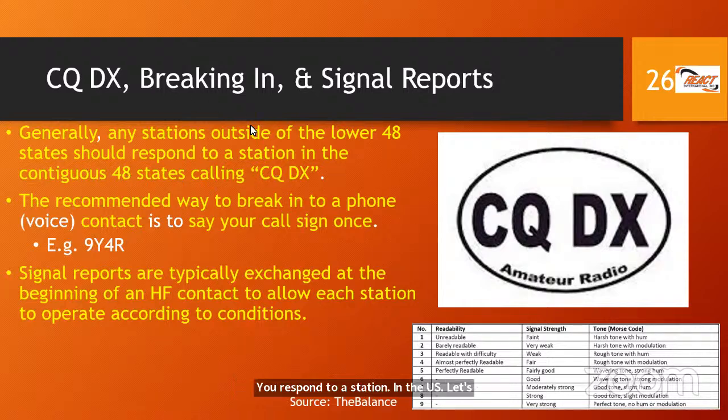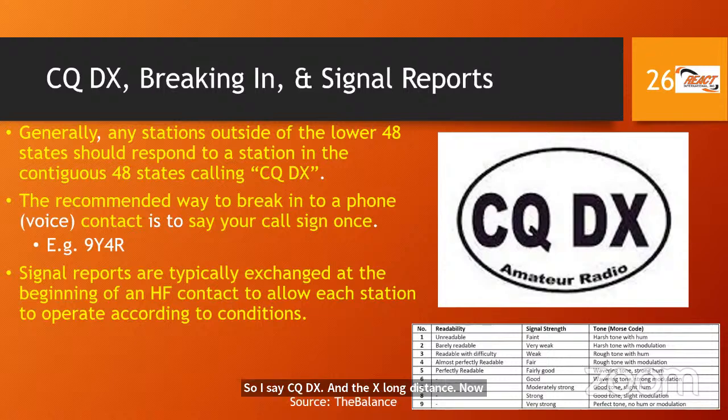CQDX is how we call and ask for a station that is outside of our territory to respond to us. In other words, we don't want a fellow country person to respond. So if I'm in Trinidad and Tobago and I say CQDX, CQDX, I'd rather not have a local 9 Yankee 4 or 9 Zulu 4 respond to me. I'm looking for Juliet 69 or November 4 or somebody else from some other country to respond to me. So I say CQDX, and DX means long distance.